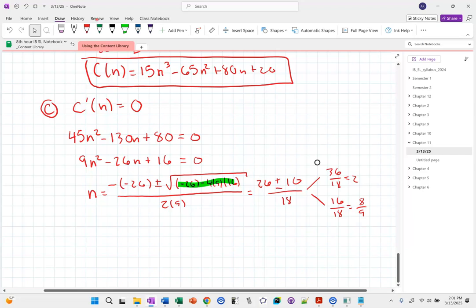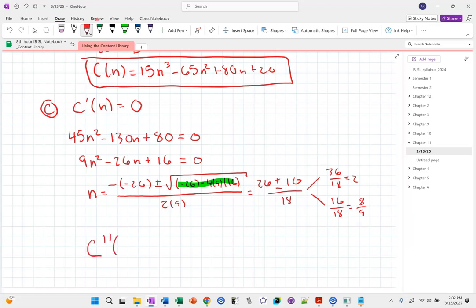So I can either do a first or second derivative test to figure out which one is which. I'm going to choose the second derivative test because I think it'll be a little bit simpler in this case. So the second derivative is just going to be 90n minus 130. Everybody's okay with that? I just took the derivative of this thing. So the second derivative evaluated at 2 is bigger than 0.